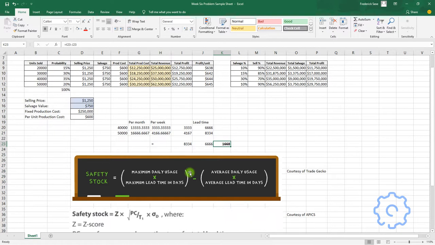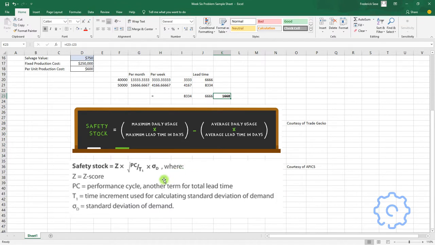This is a very general safety stock calculation. It works for very basic inventory calculations. For ones in which you have a service level and an actual demand variability, which I usually like to recommend for more long-term and more variable products, if you have a customer that always orders the same products all the time and your demand is relatively flat, you may be able to get away with the top one here.